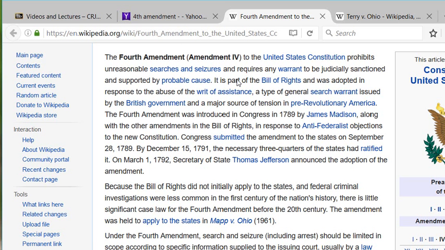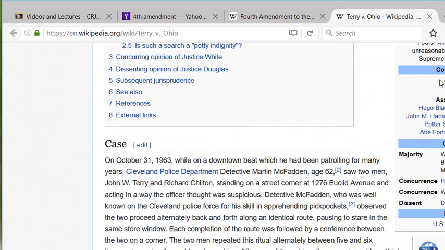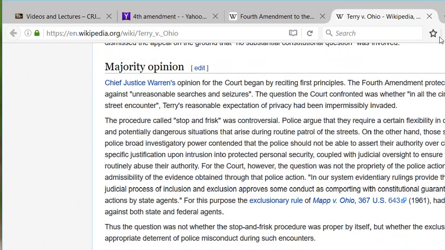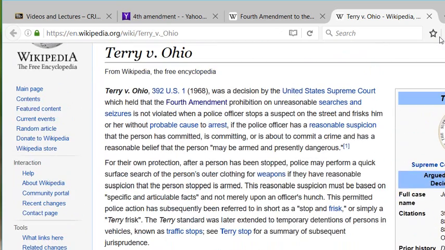So when you talk about case law, a good example of case law would be Terry versus Ohio. On Terry versus Ohio, what you had was in 1968, the U.S. Supreme Court heard the case regarding a person's Fourth Amendment rights against unreasonable search and seizures.